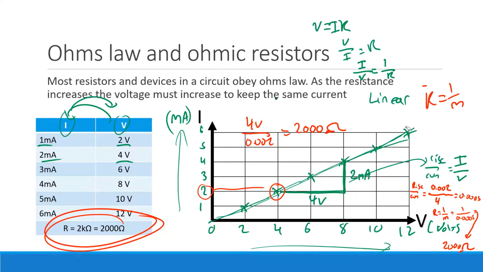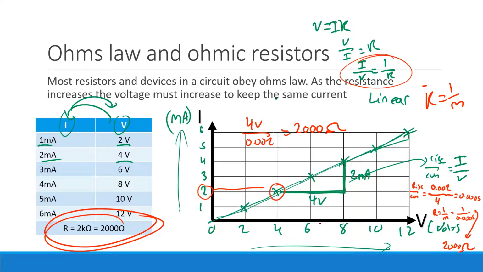That's how we work out the resistance. And the reason it's 1 over the gradient is because of this idea here. Now, this is a bit weird, but I'm hoping that you guys get it. If not, don't stress too much about it. We're going to do another example in a second. I haven't got too much time left in this lesson, so I just want to make sure that I get through it.